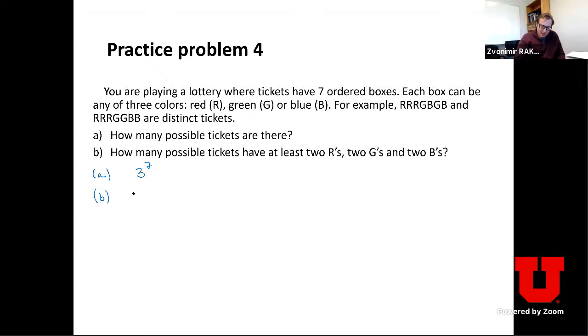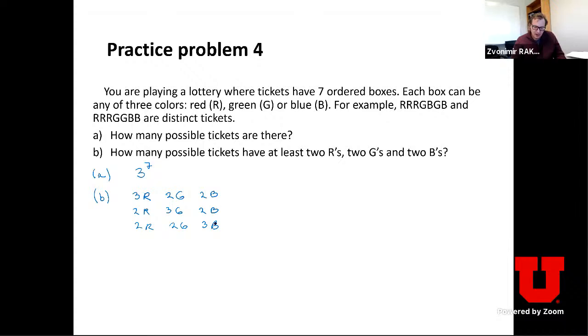And that is if we have 3 R's, 2 G's, 2 B's, or 2 R's, 3 G's, 2 B's, or 2 R's, 2 G's, 3 B's. So these are the 3 different ways that part B can be satisfied.